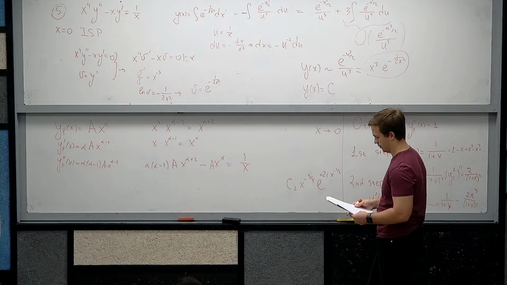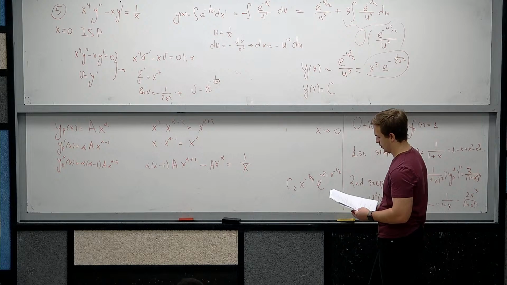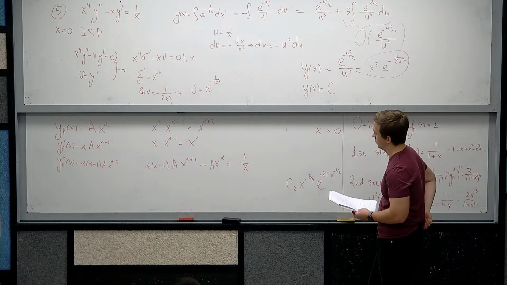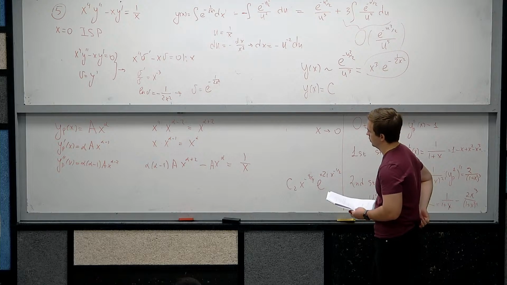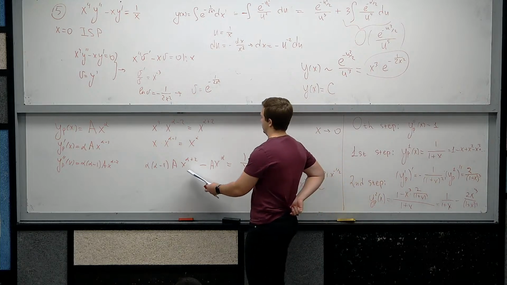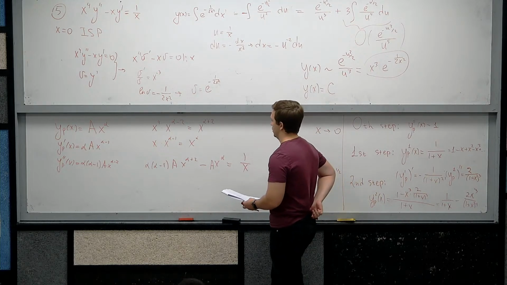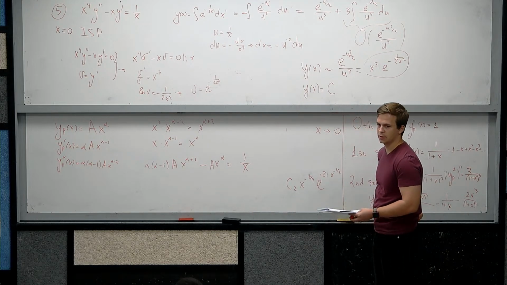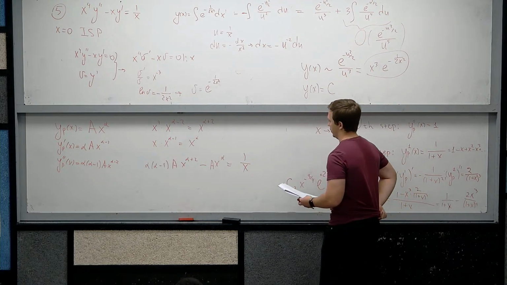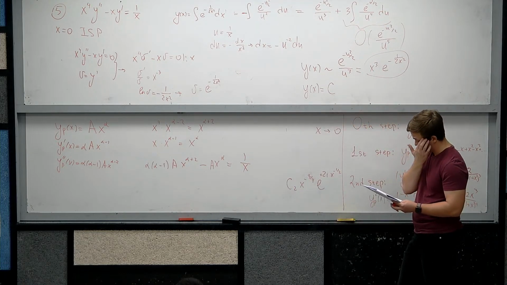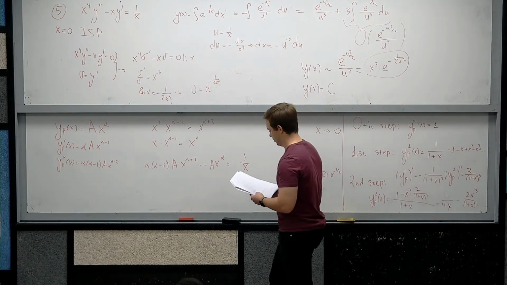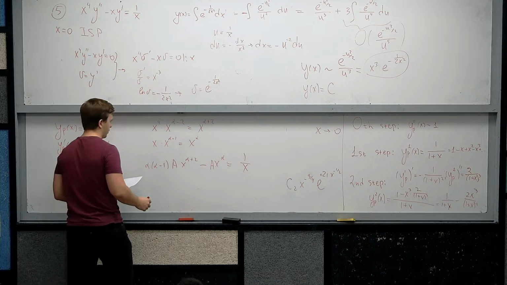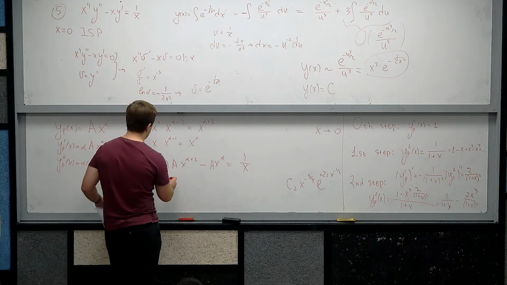This kind of equation. And then as x goes to 0, we can compare these two terms and say that this one will go to 0 much faster than this one. So we can basically neglect this term, and we will have this kind of equation.